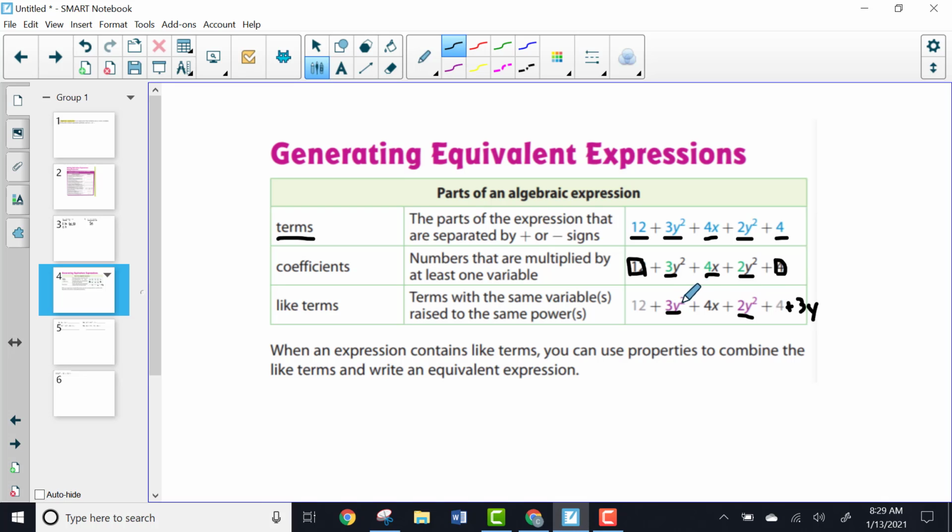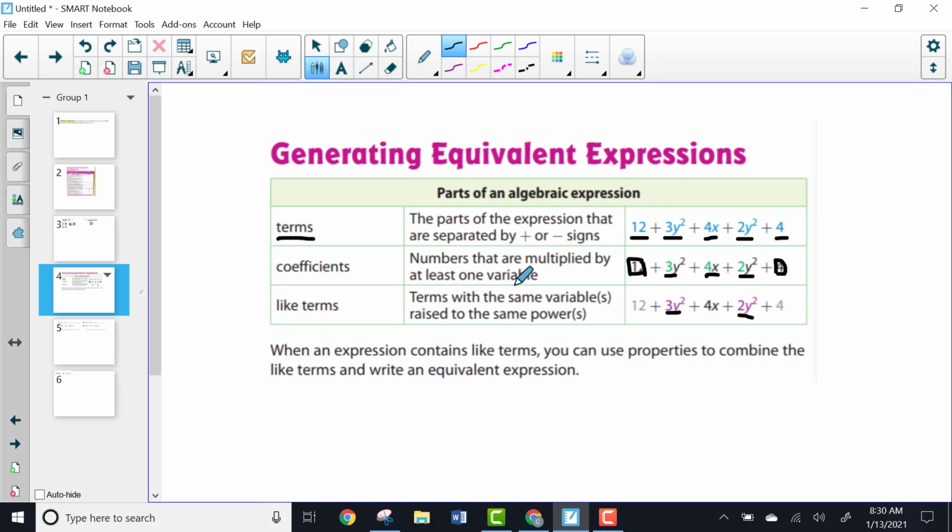Even if it was 3y to the power 3, still not a like term because it's not raised to the same power. So terms with the same variables raised to the same powers are like terms.